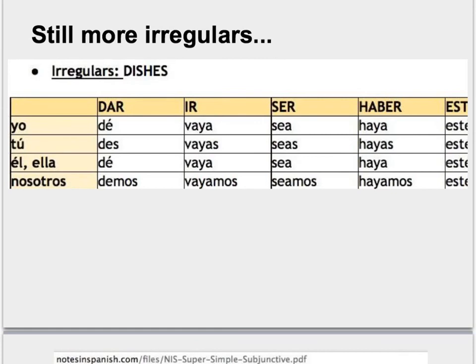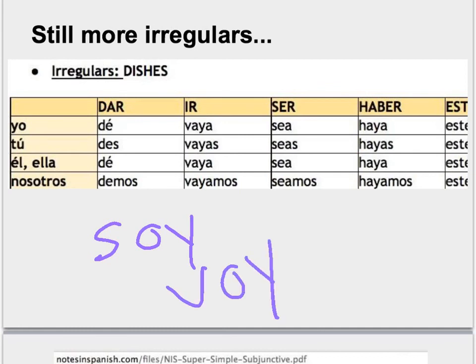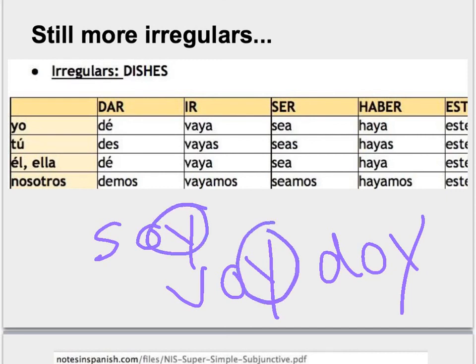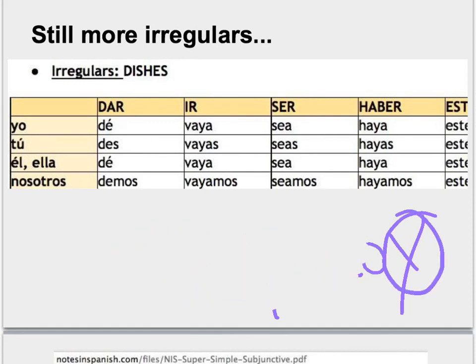All right, we still have a few more irregulars. There are a lot of verbs like soy or voy or doy, things where you can't really take the o off and add the opposite ending, right, because they don't end in o. So what do we do with those? Well, that's why we have this list of just plain old irregulars.